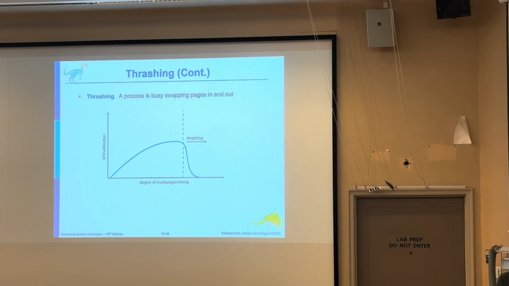It just tells you that CPU utilization as a signal by itself is not sufficient. You cannot rely on CPU utilization to tell whether the system has too little multi-programming or has too much. So if you can detect when thrashing starts, then you can kill processes.